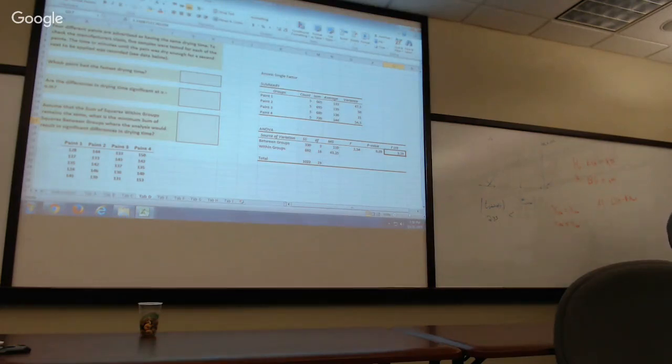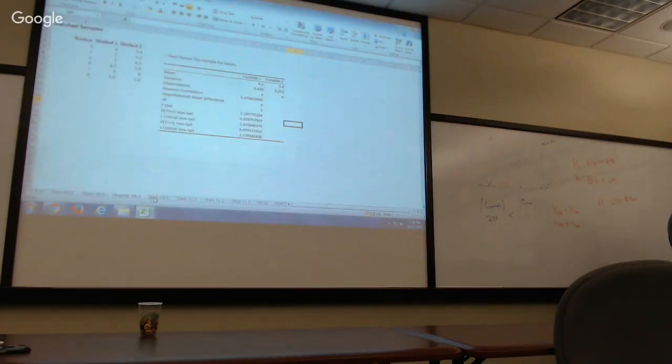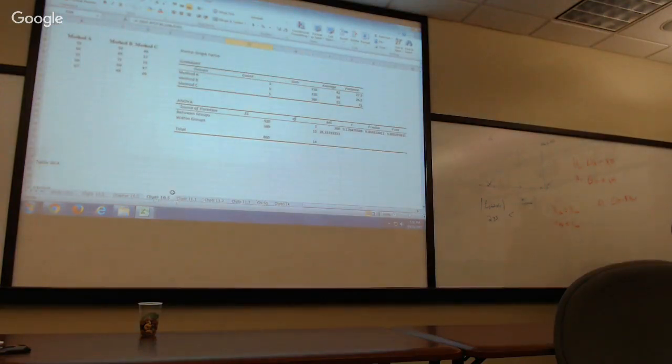What chapter is this from? See what chapter covers this. There's somewhere in the book you're going to have this ANOVA table as a formula.